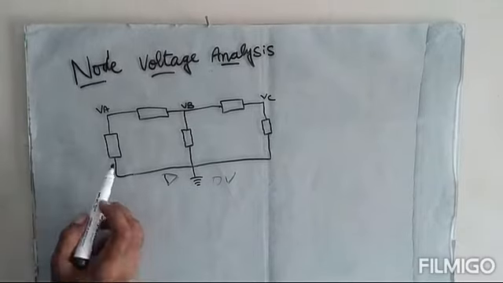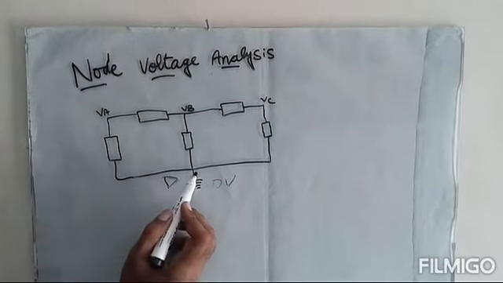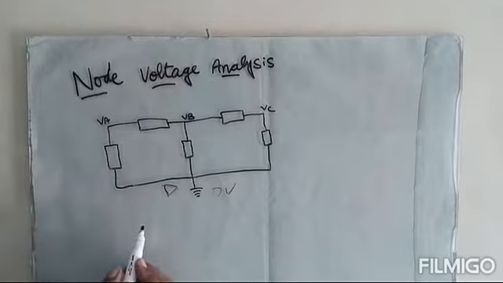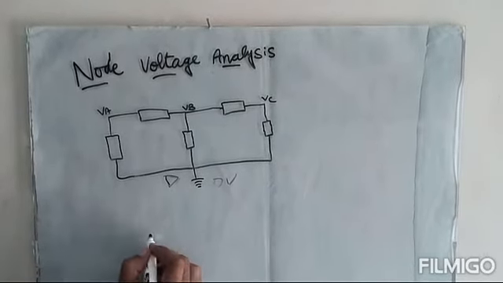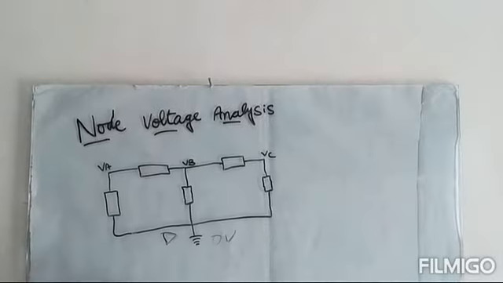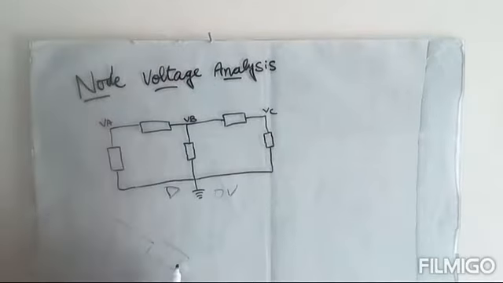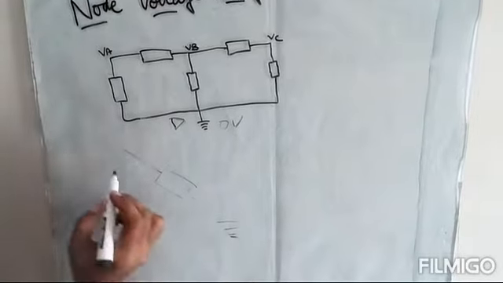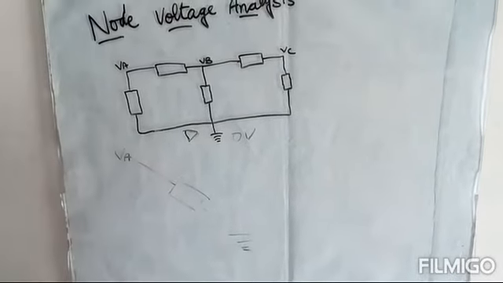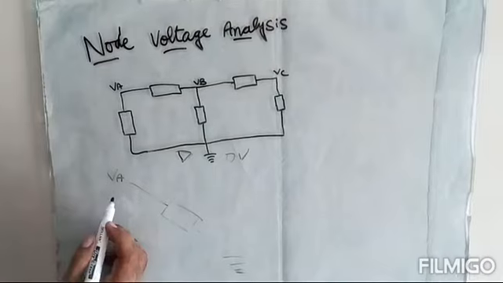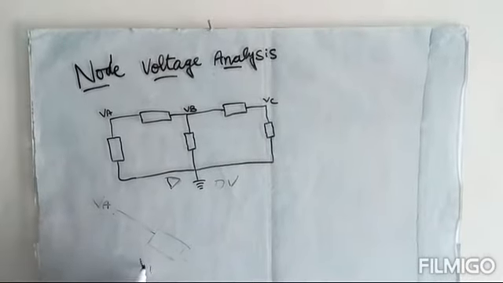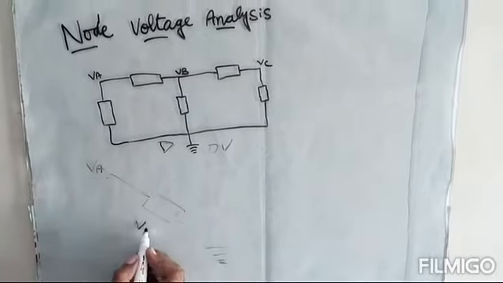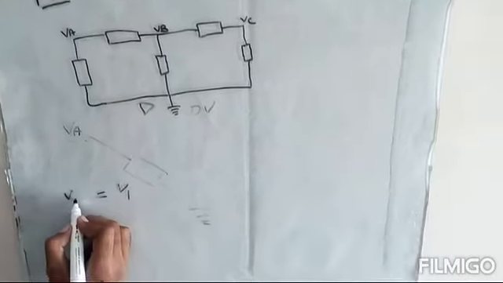So we can see there are two kinds of elements. If an element is connected between ground and a node where we know the value of the voltage, then the voltage across this element V1 will be equal to VA.